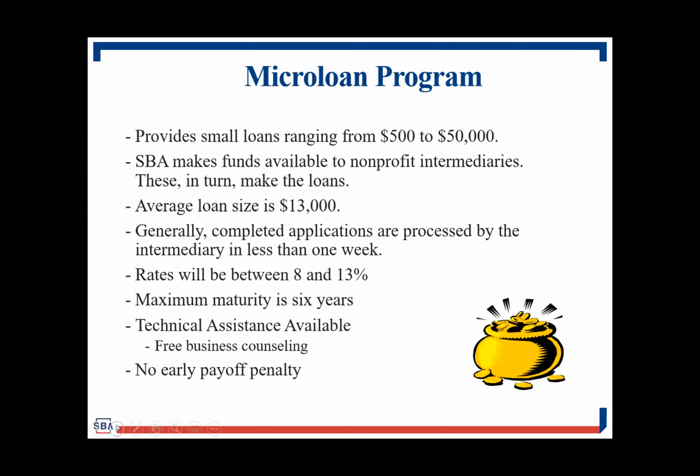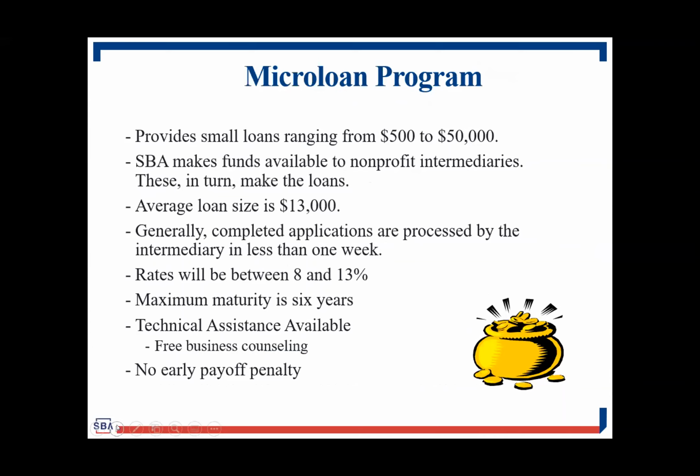Microloans, we work with our intermediaries. We provide funding to them, and they in turn loan the money on SBA's behalf. The loan can range between $500 and $50,000. The maximum maturity is 6 years.